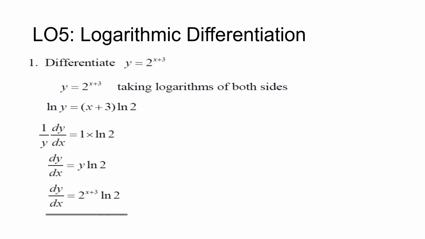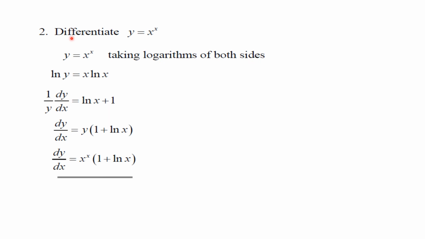Next, we'll look into the next example. If you are required to differentiate y equals x to the power of x. If there's an index, you need to introduce ln in order to differentiate. So it becomes ln y equals, bringing the index in front, x ln x. To differentiate ln y, again, as explained in the previous example, ln f(x) gives f prime x over f(x).